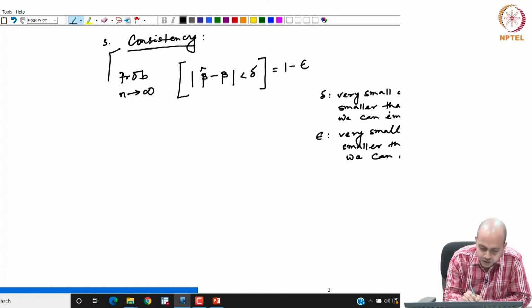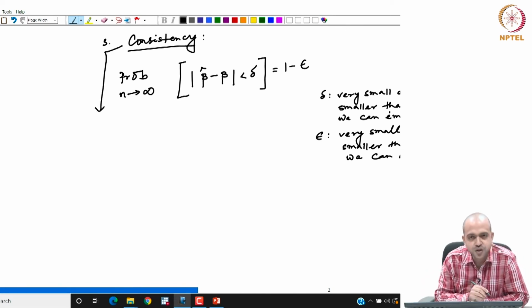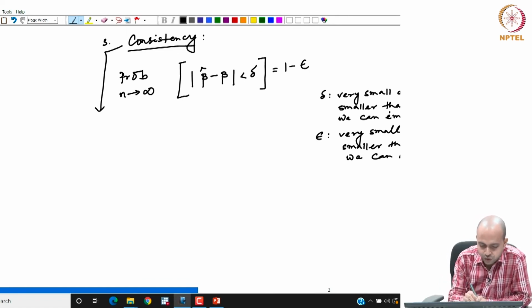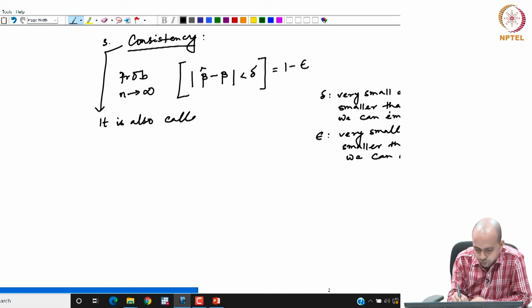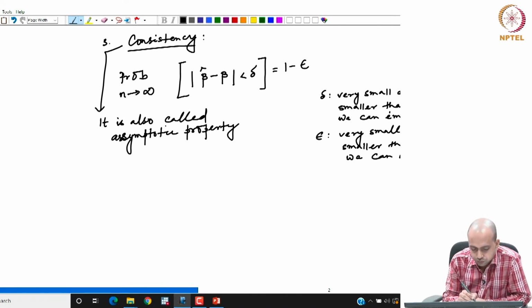So that means while unbiasedness and efficiency you can ensure in a small sample also, the consistency property, which is also called the asymptotic property, is satisfied only in a large sample.